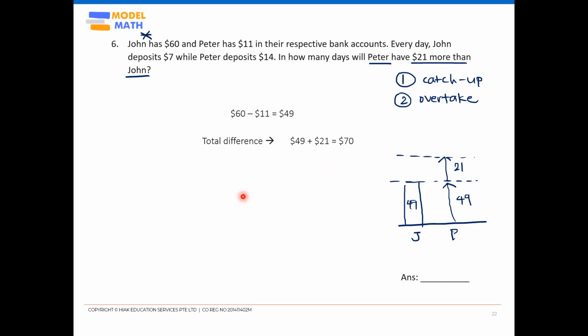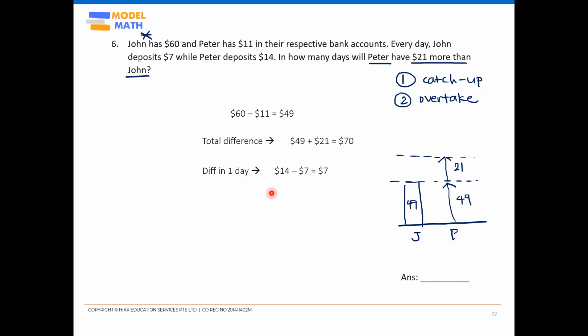Of course, in one day, this is not achievable. Why? Because in one day, while Peter deposits 14, John at the same time deposits 7. So the extra amount that Peter can catch up in one day is an extra $7, 14 minus 7.